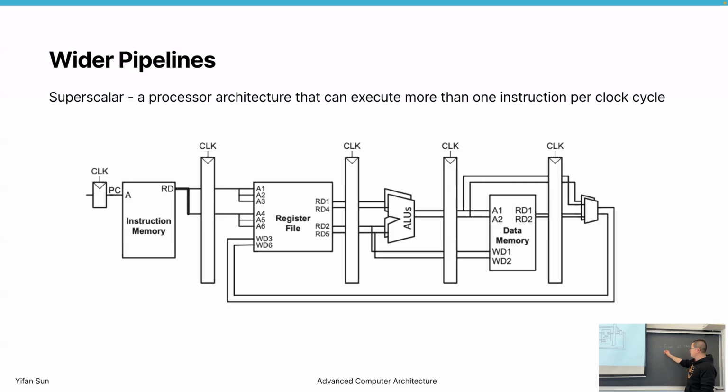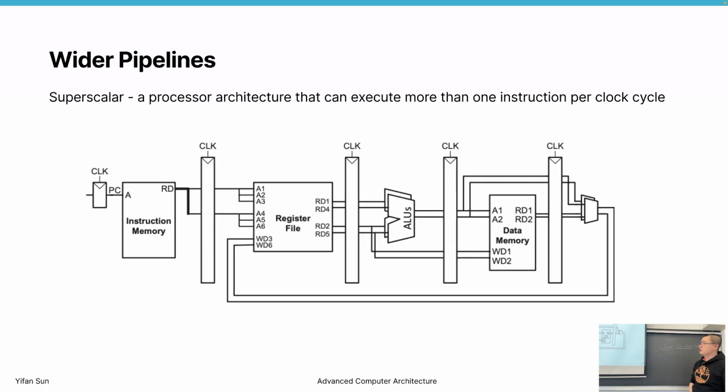Okay, these are typically the most important non-commercial terminology. The commercial terminology is 3 gigahertz. These are commercial terminology. Non-commercial terminologies, you say, we have a 6-issue, 25-stage pipelines.